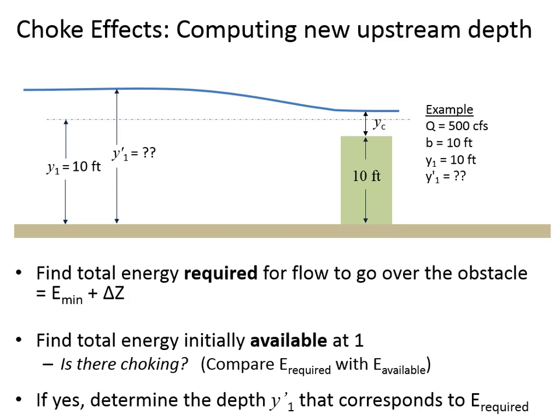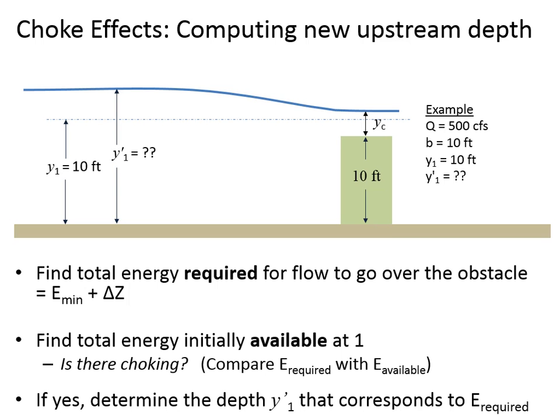So the depth at 1 will be whatever it takes for us to have that required energy. So it'll be 16.398 feet is equal to y prime 1 plus the 50 feet squared per second, squared, divided by 2 times 32.2 feet per second squared times y prime 1 squared.